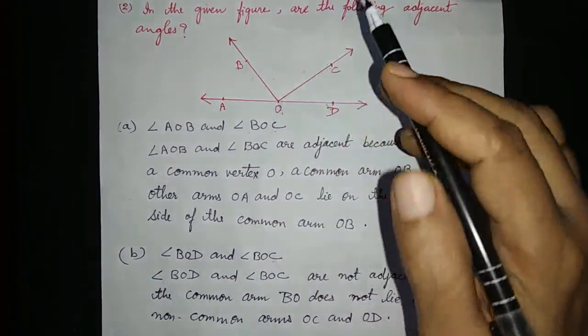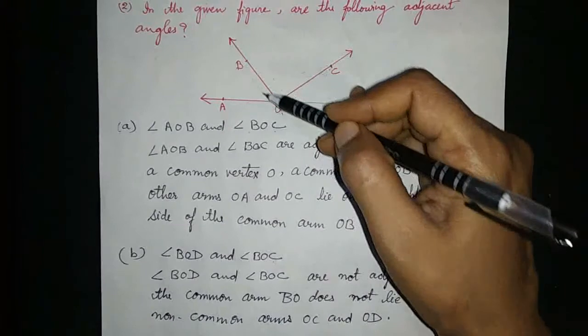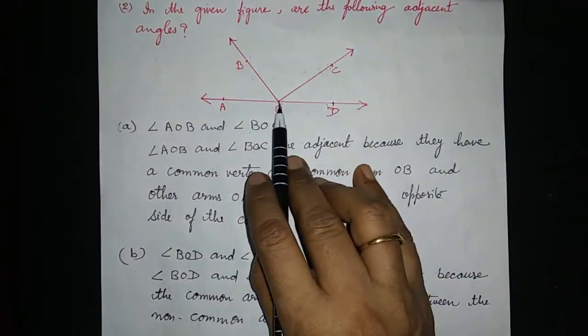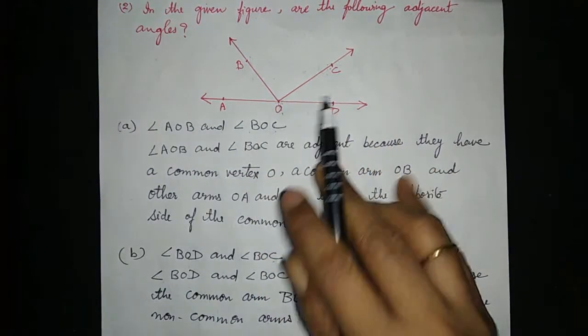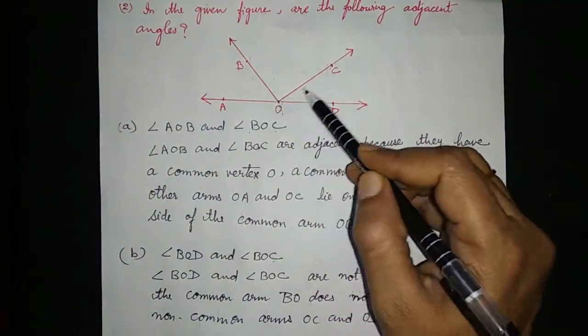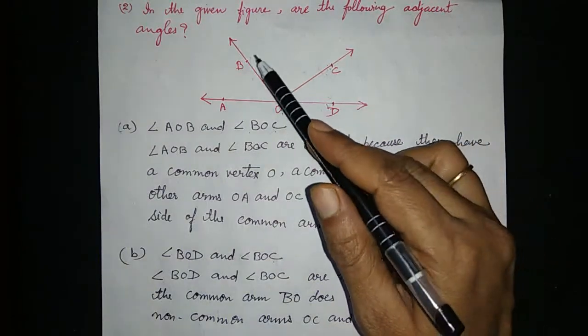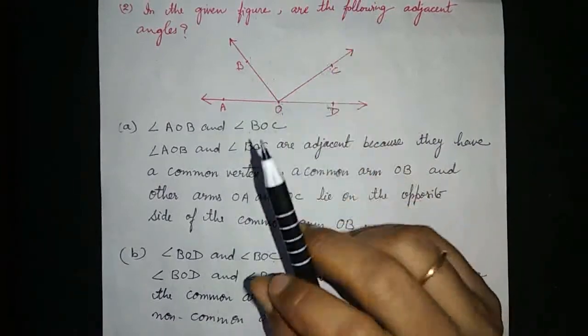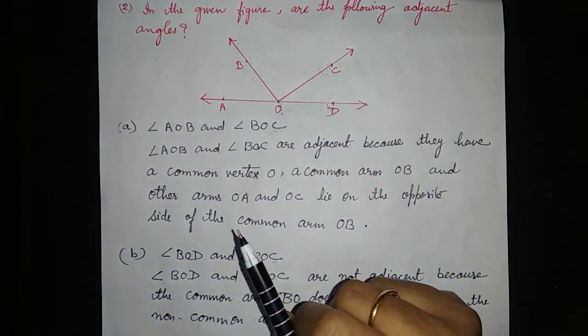Here BO does not lie between the non-common arms OC and OD. So these two angles BOD and BOC are not adjacent angles.